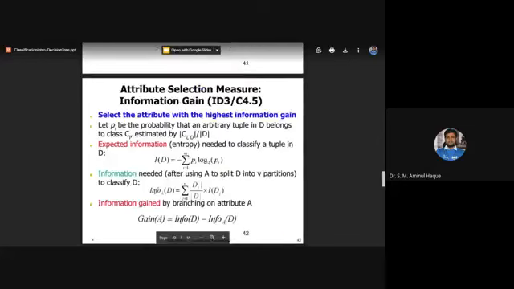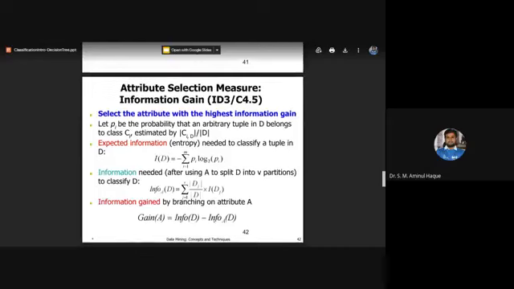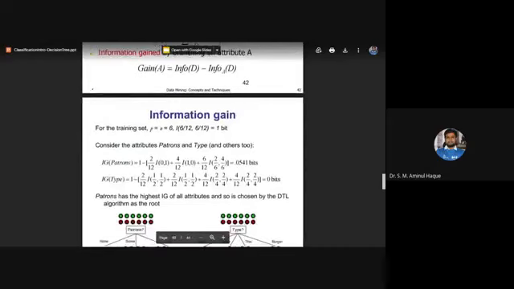If we apply this formula, you will get 1. So that's why they have written 1. Why have they written 1? Because in the gain formula, first of all, I have info D, so info D is 1. Then info A D, that calculation is this one.